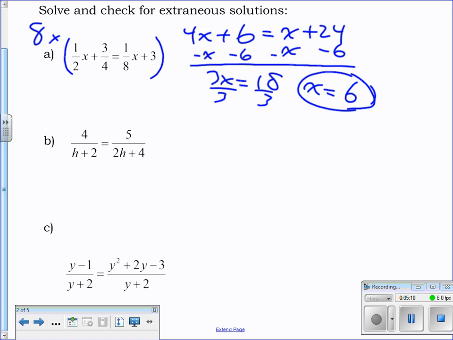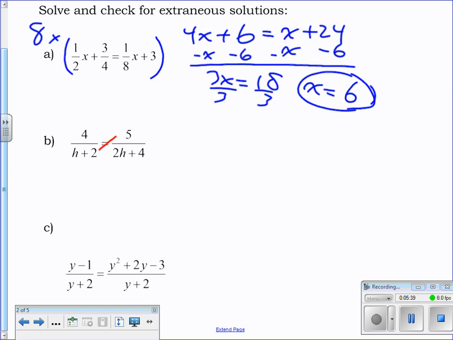Because what can we always do to solve any proportion? Cross multiply. This only works if I have one fraction on each side of the equal sign. So you have to pay attention. If I have more than one fraction on each side of the equal sign, I cannot cross multiply. Here, I can cross multiply.